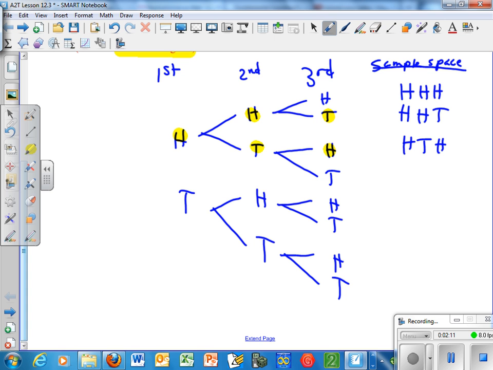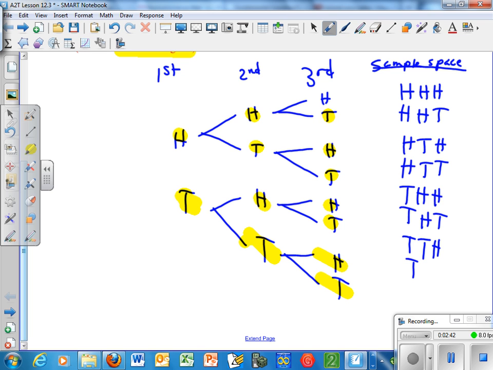And then head, tail, tail. Now I come down to where I had a tail on my first one: tail, head, head, tail, head, tail. And then in the bottom, tail, tail, head, and tail, tail, tail. So there are 8 possible outcomes.